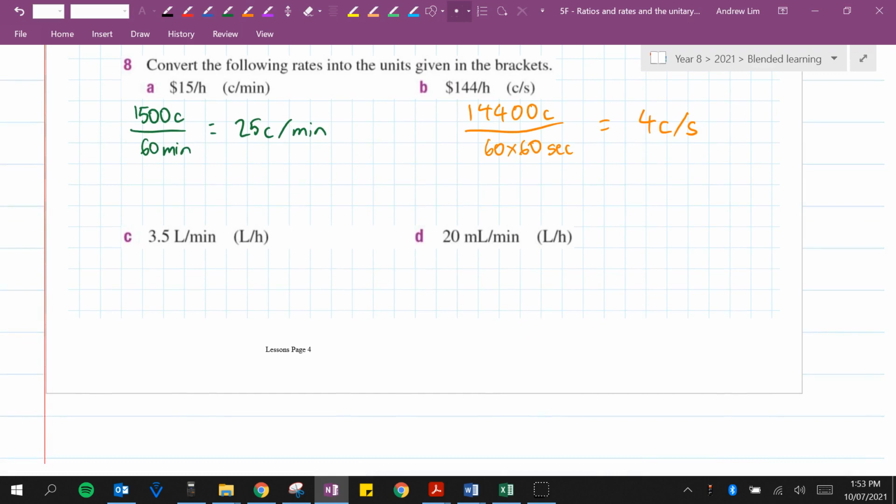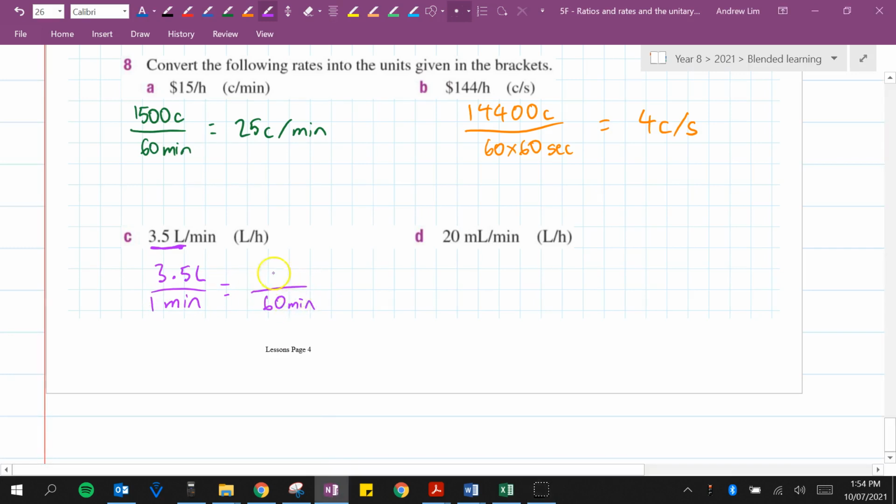Question C, 3.5 liters per minute into liters per hour. So we don't need to convert the 3.5 liters because it's already in liters. What we need to do is convert minutes into hours. So we've got 3.5 liters per 1 minute. If we want it per hour, that's like saying 60 minutes.